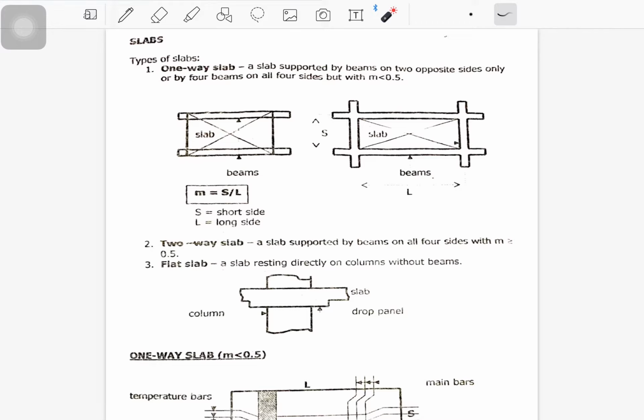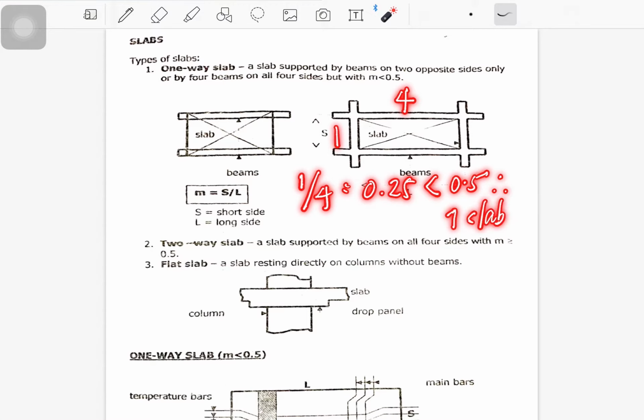So for example, this is 4 by 3, so this is 3 over 4, that's equal to 0.75. Therefore that is not a one-way slab. So this is 1, and this is 4, therefore that is 1 over 4, so that is equivalent to 0.25, that is less than 0.5, therefore that is one-way slab.